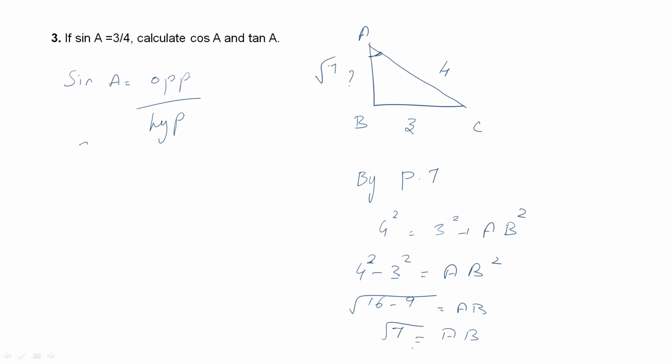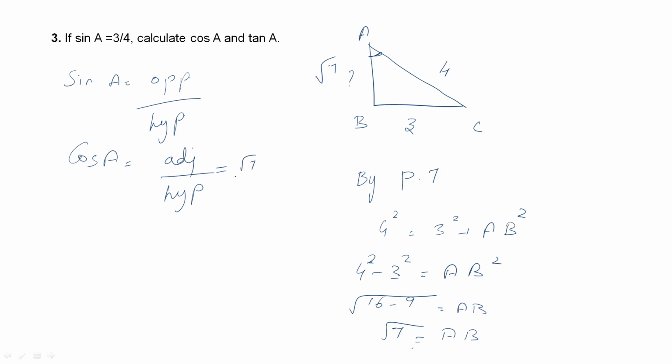So now what you have to find out? You have to find out cos A. Cos A is what? Adjacent by hypotenuse. Okay. So what is the adjacent of angle A? AB.